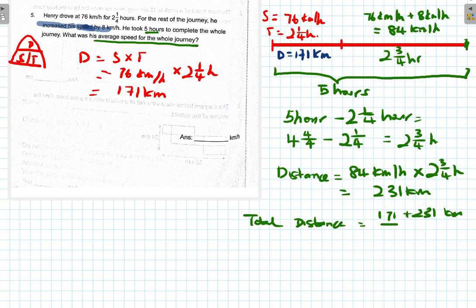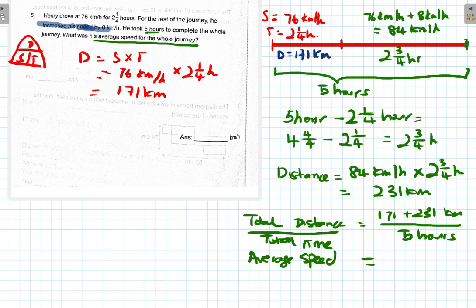And then total time is 5 hours. So the average speed, right, is 80.4 kilometer per hour. Okay.